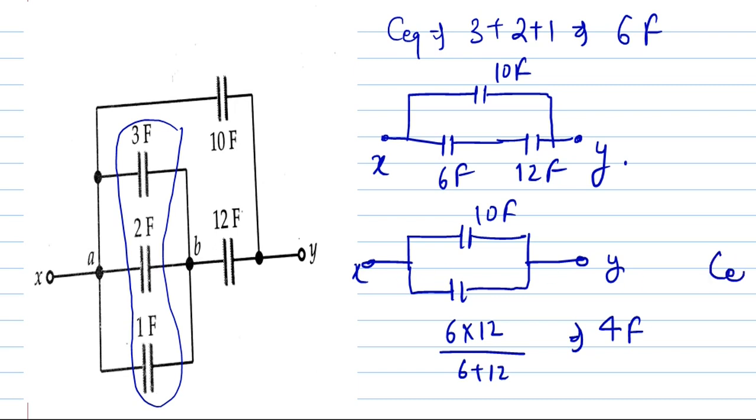And now the final equivalent value will be this 10 farad in parallel with 4 farad, or we can add them up, 14 farad. This is the equivalent value of capacitances across the terminal XY for this circuit.